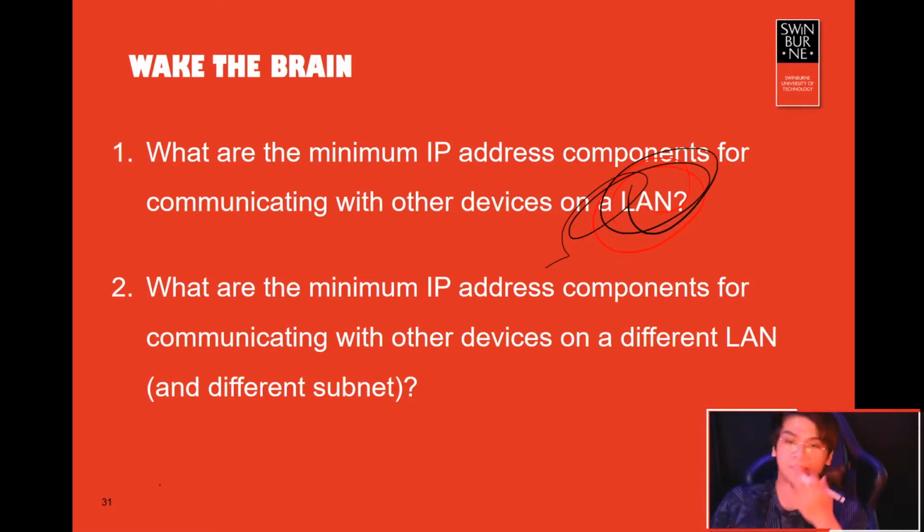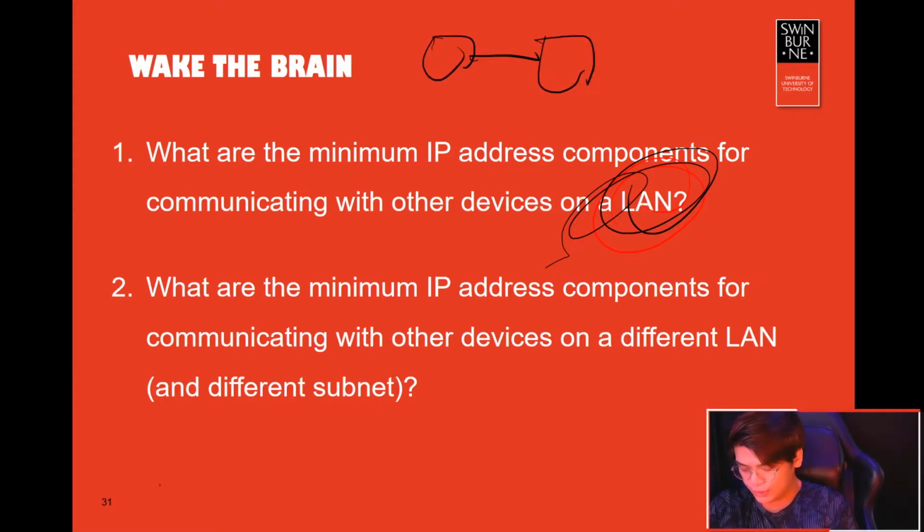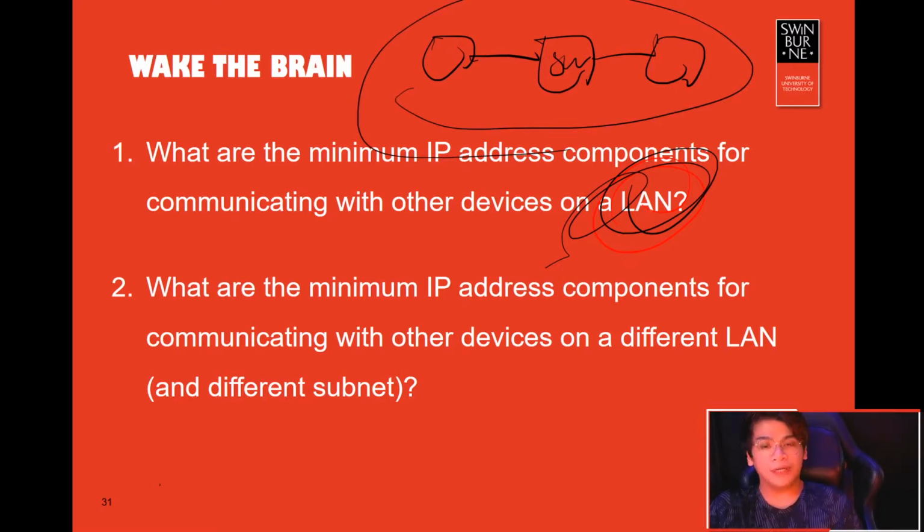Alright. On a LAN, you need to remember you have a computer, a switch, and a computer. Basically, to communicate in the same network, you need a connection between the PCs, either wired or wireless. At minimum, you need to assign an IP address.